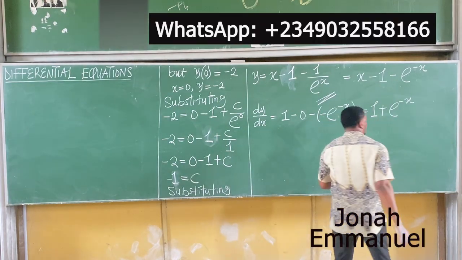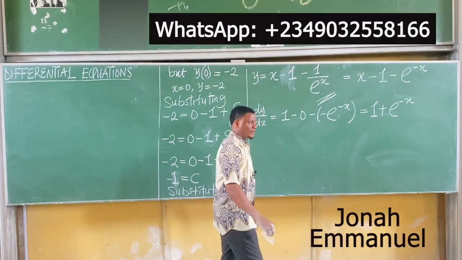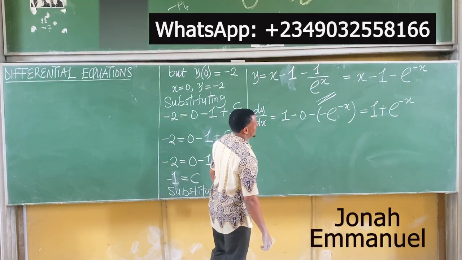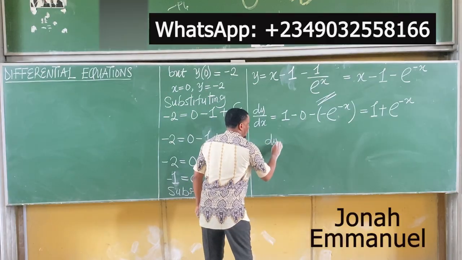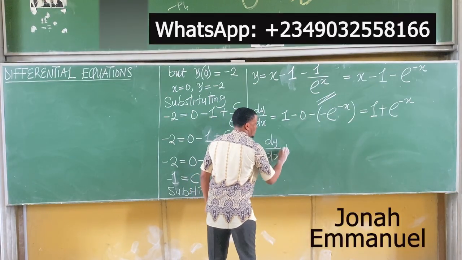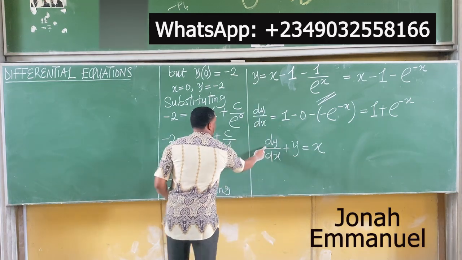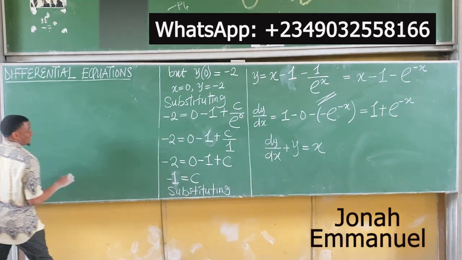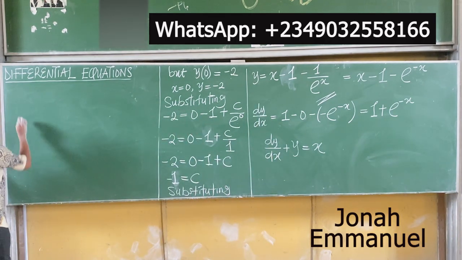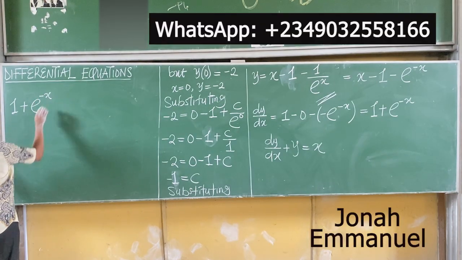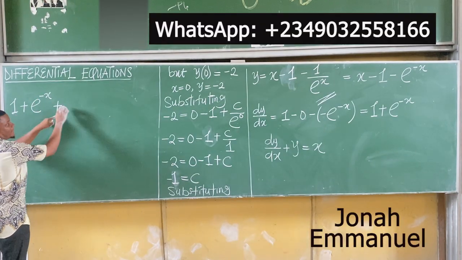exponential minus x. Please give me the equation. What was the equation, like the original problem? dy over dx plus y is equal to what there? x. Please check. What's the value of dy dx? 1 plus. This is dy dx plus. Please check there.